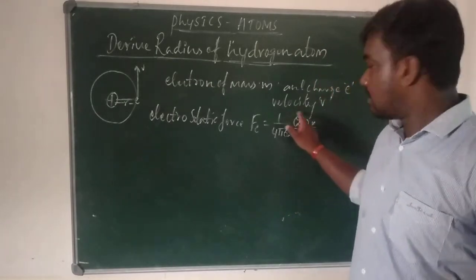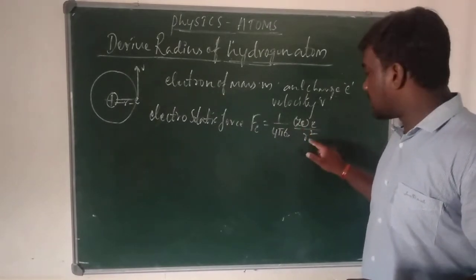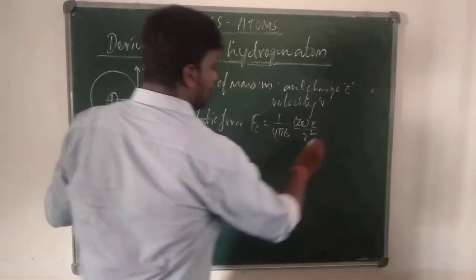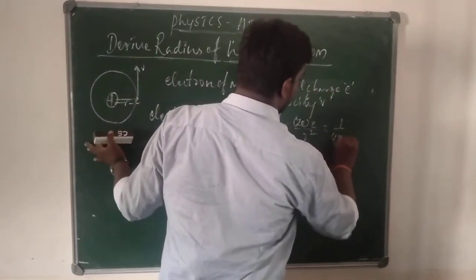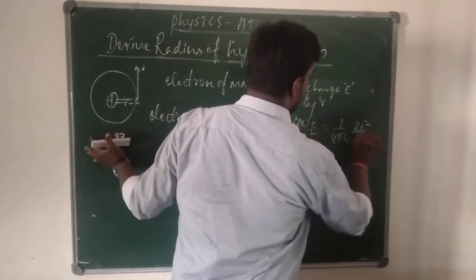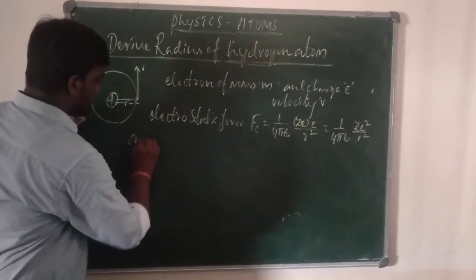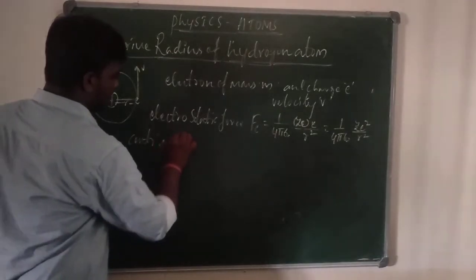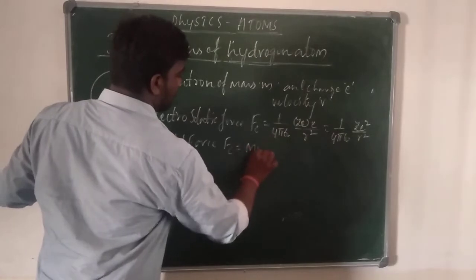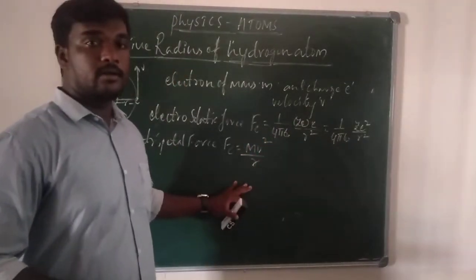The nucleus charge is Ze, the electron is e, separated by a distance r. That is 1 by 4 pi epsilon naught Ze square by r square. And the centripetal force Fc is equal to mv square by r.